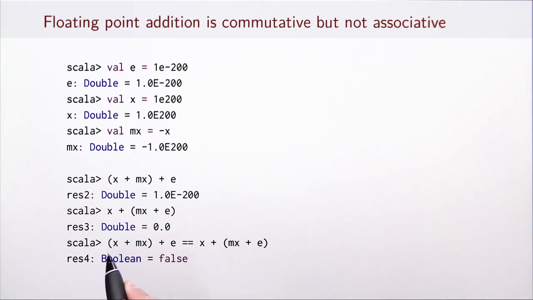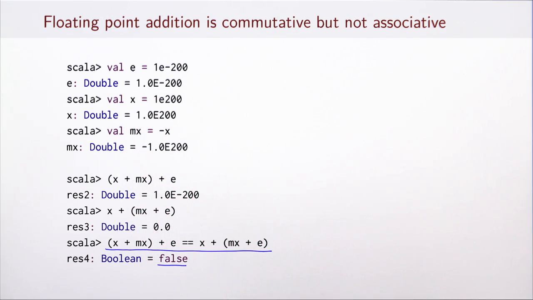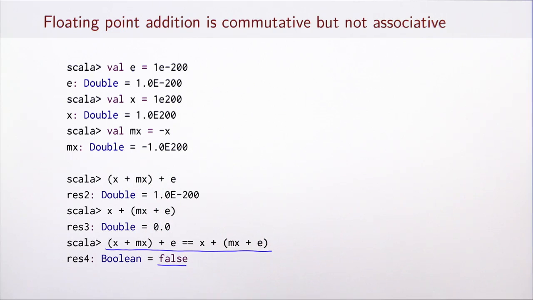Here we have an example where we evaluate an expression in two different orders and we obtain values that are not equal. Here I define some concrete values as an example for when this can happen. We define e to be a very small positive value. X is a very large positive value, and mx is a very large negative number. Now, x plus mx will be 0, and when we add e, we will get this very small positive number, e.